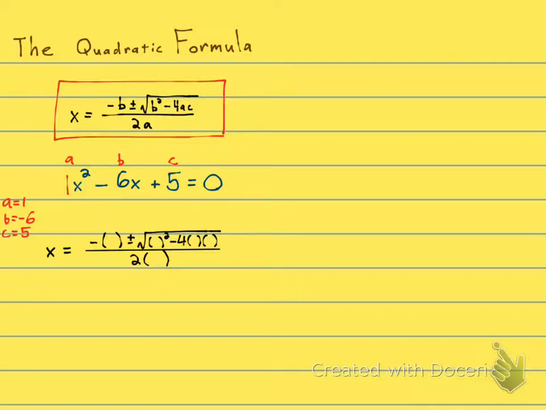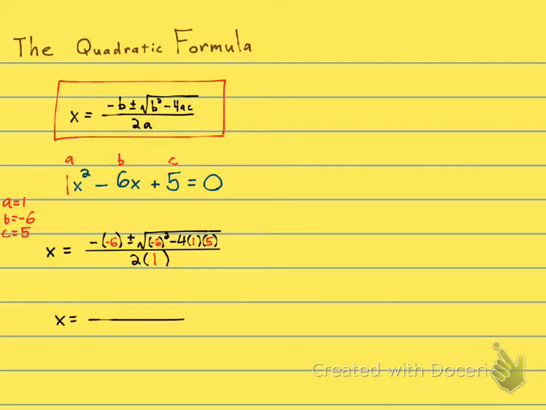All right, negative B. B is negative 6, plus or minus the square root of B squared. Here's B again. A is going to go right here. And C is going to go here. And A is going to go here. So all I had to do was label my coefficients, plug them in, and now let's see what happens.